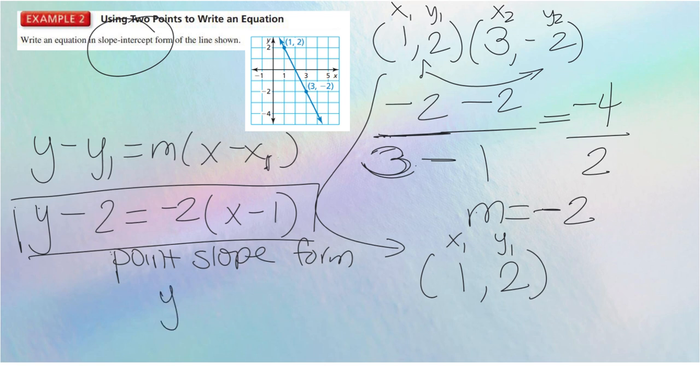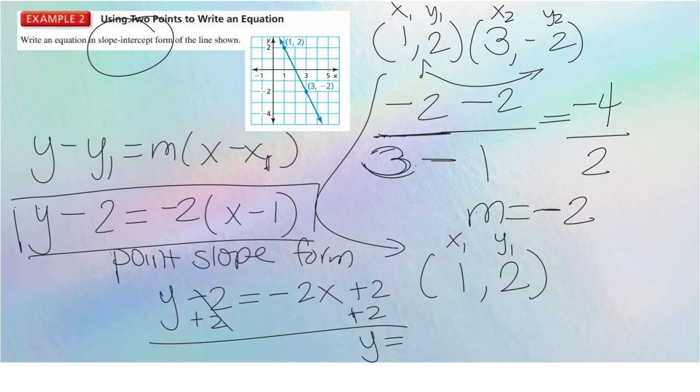Y equals, that means I'm going to transfer the negative 2 over, correct? What should I have done before to make it easier for me? Negative 2 times x is negative 2x, and negative 2 times negative 1 gives me positive 2, right? Can I now add that 2 over?